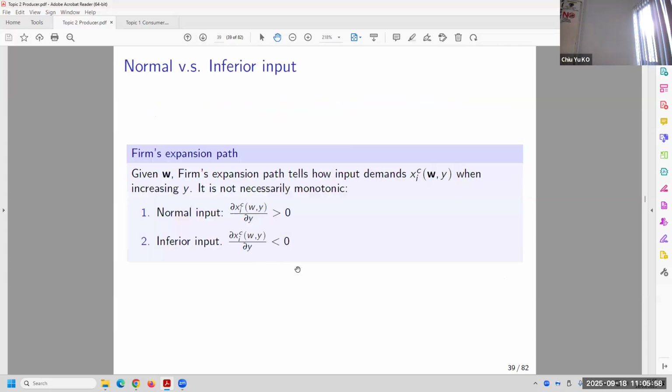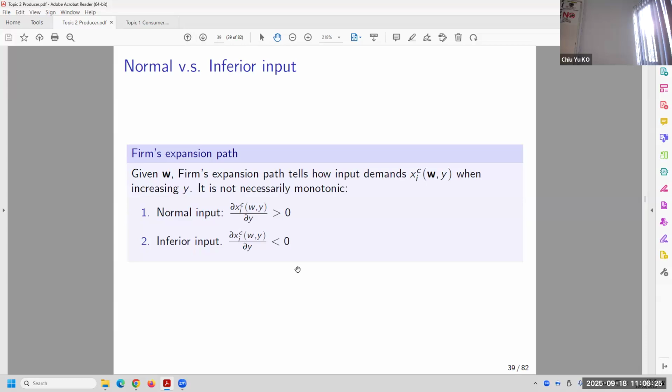Here there's another idea I want to mention: some people call an input inferior or normal. What it means is, if you increase your output, whether your input is going to increase or decrease, and it need not be monotonic.